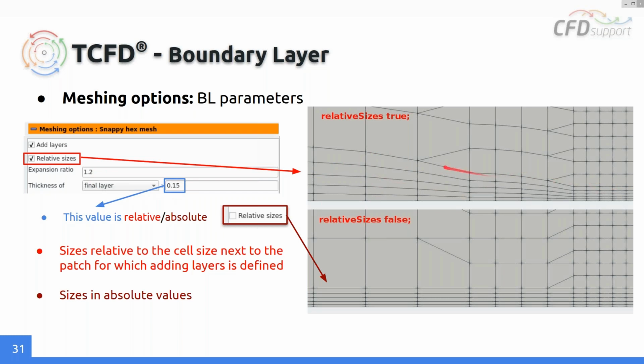So you can see that the boundary layer is extending based on the original cell size at the wall. If you uncheck this option, then these values are absolute, so in meters if your input geometry is in meters, and it holds the same sizing for the whole patch. So this is the relative and absolute.